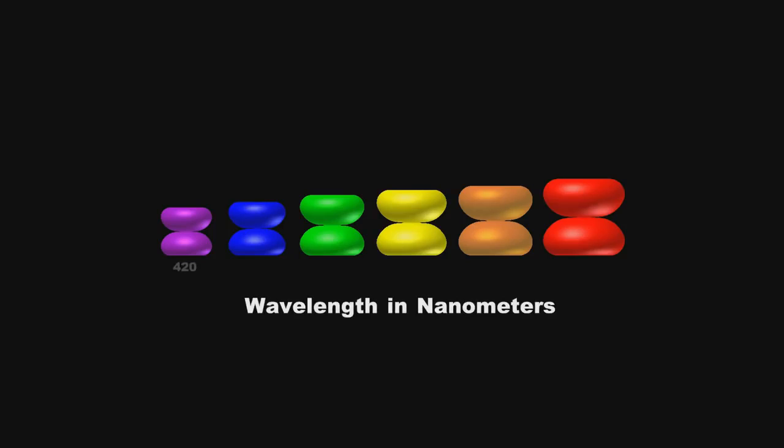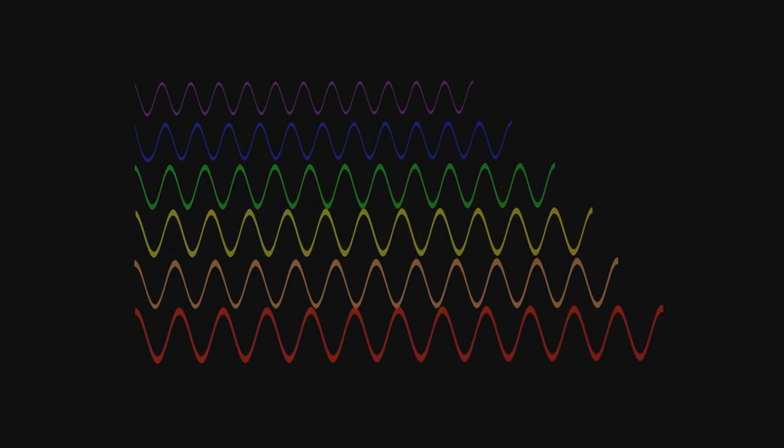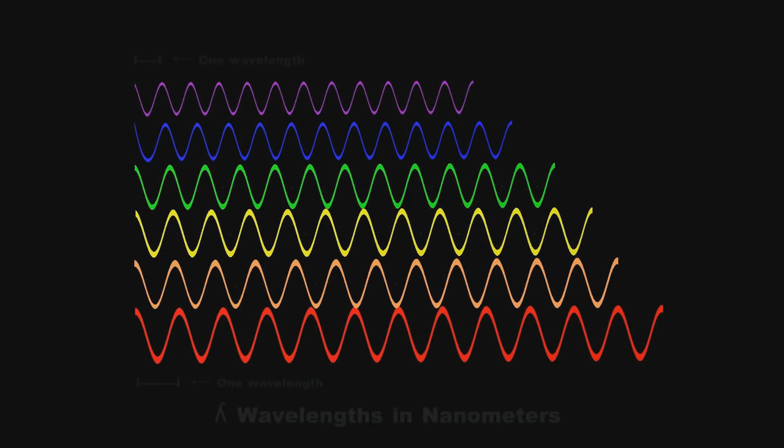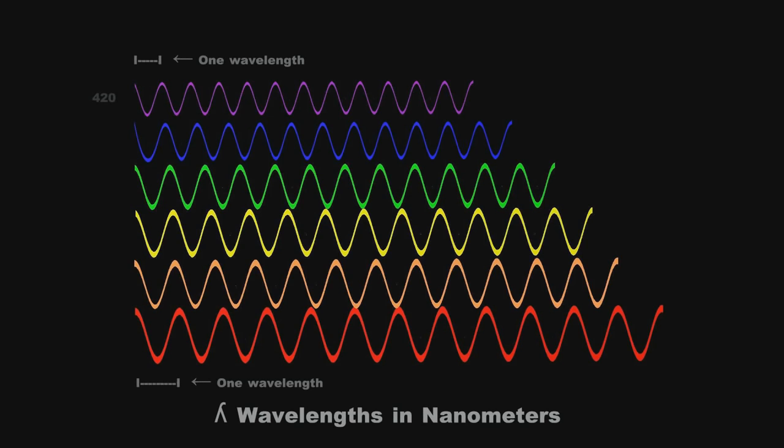Then again, the size of the fields of a photon is determined by the wavelength of a photon. Here we see the typical waveforms that are used to represent visible light and other forms of electromagnetic radiation, but in reality, no such waveform exists.